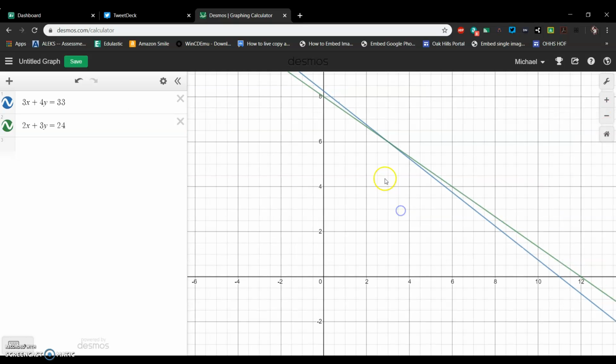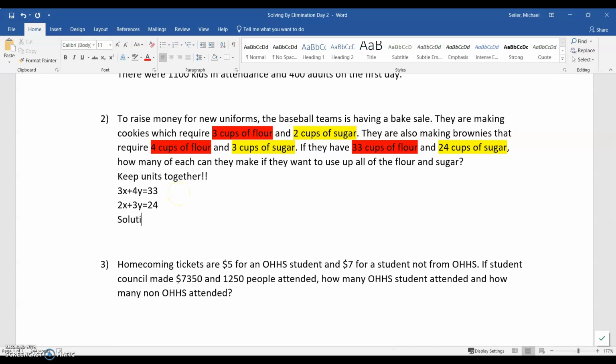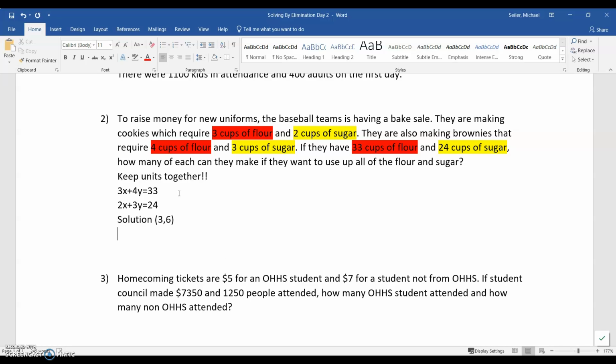If we zoom in a little bit, I can see once again, nice, neat, positive whole numbers. My solution is this set, 3, 6. So I know that they made 3 batches of cookies and 6 batches of brownies.